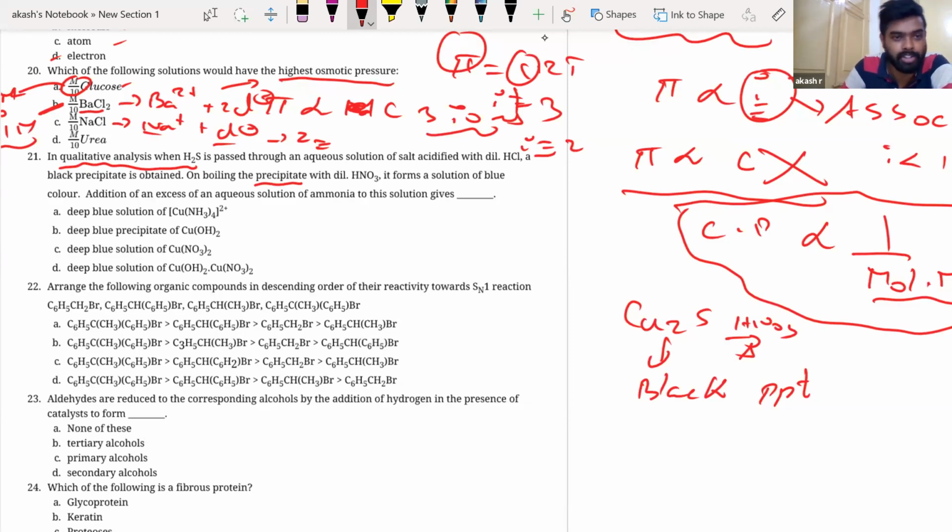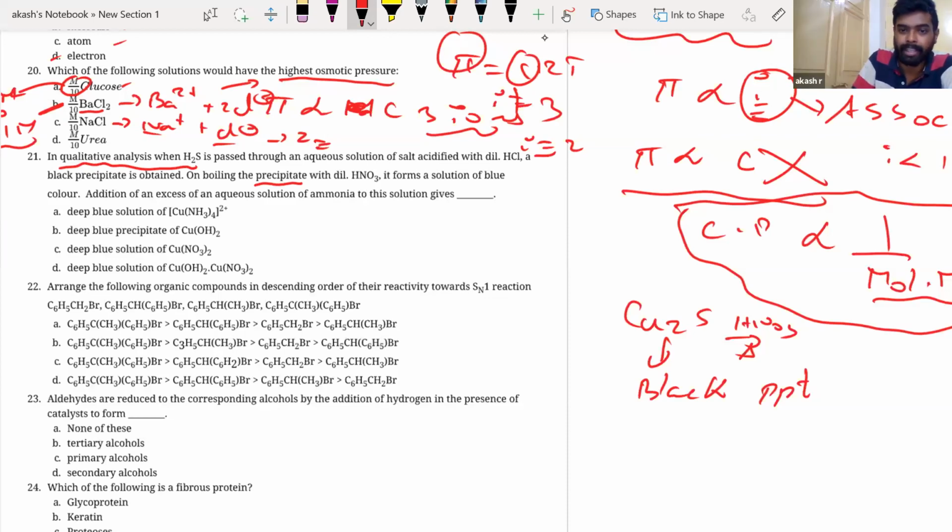What answer is given in your answer sheet? No answer key is given to you yet? Yes, sir, no answer key is given. If I have excess of ammonia, let me try to write this.